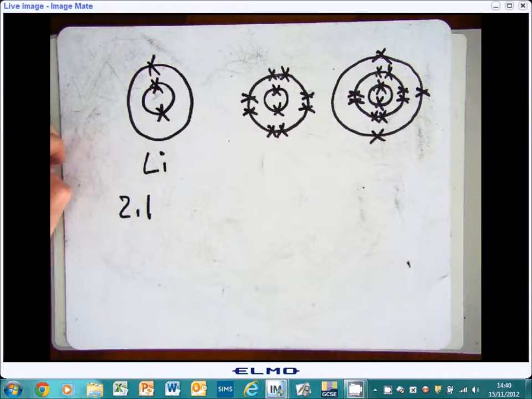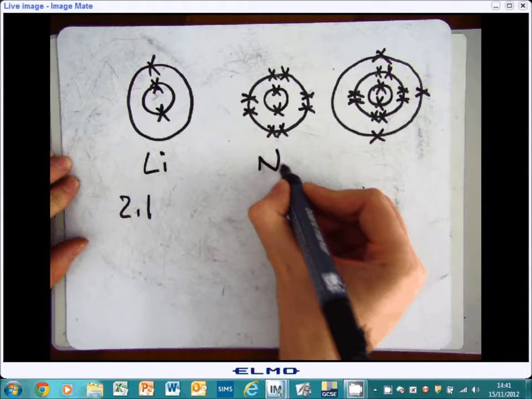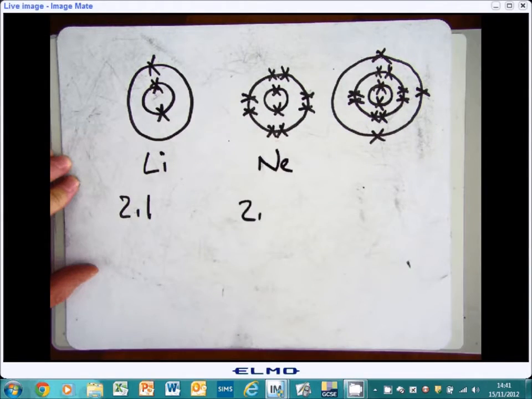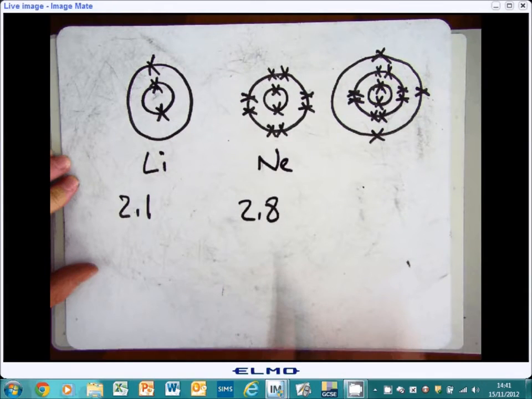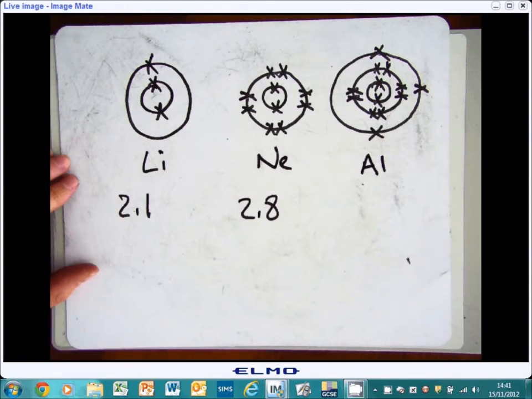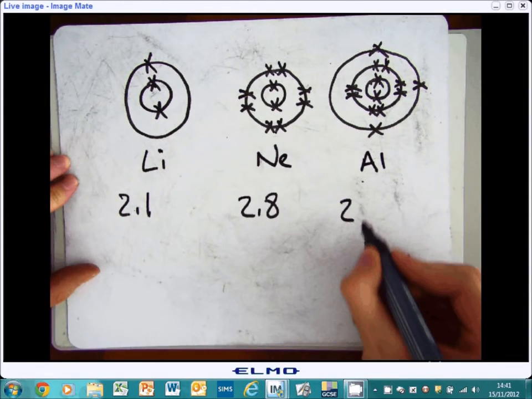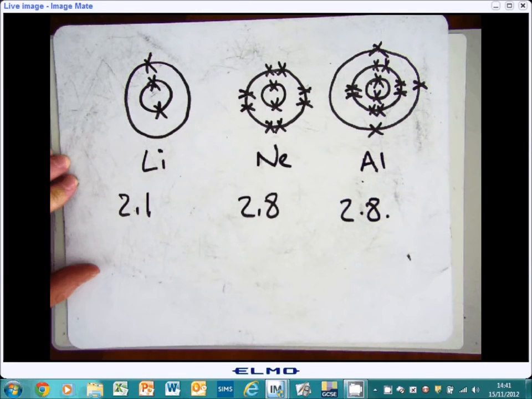So it has a written electronic configuration of 2.1. The second one here, which is neon, has 2 electrons in the first shell and 8 in the second. So you write 2.8. And finally, the last one here, which is aluminium, you write 2 for the first shell, 8 for the second shell, and then 3 in the final shell.